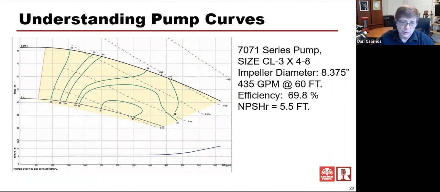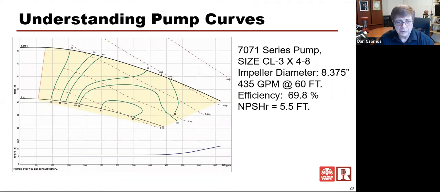Now, don't get me wrong, 1.01 specific gravity in the grand scope of things doesn't matter. It's within the tolerance of how accurate these curves are. Generally, curves are accepted to be +0 and -0.5% in terms of curve accuracy.